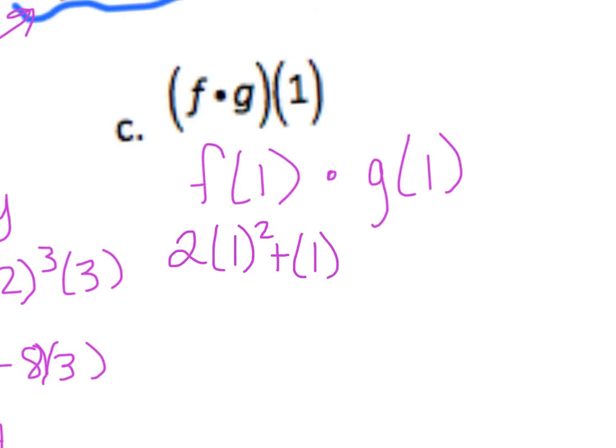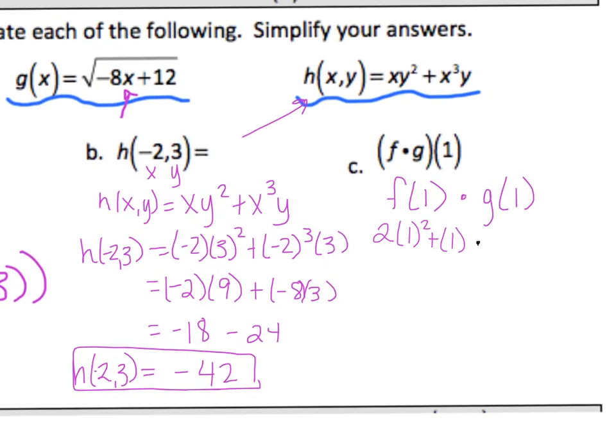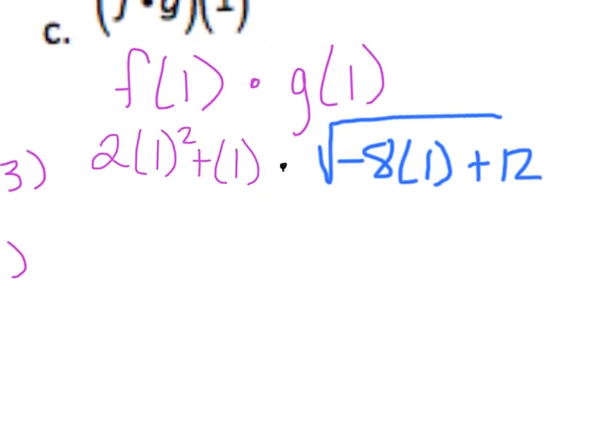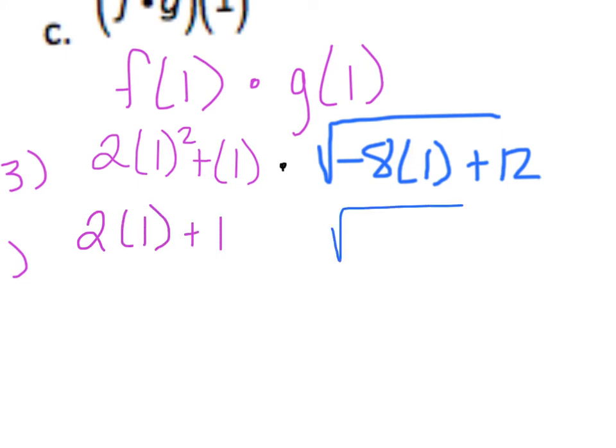Okay, in the second one, I'm going to do this in blue. So g at 1, remember the function g was your square root. So you're going to substitute in a 1 where you see an x. And now I'm going to go ahead and simplify these two. So 2 times 1 plus 1. And then we've got negative 8 plus 12.